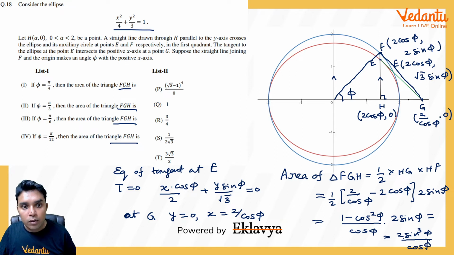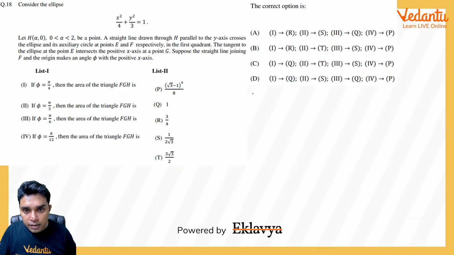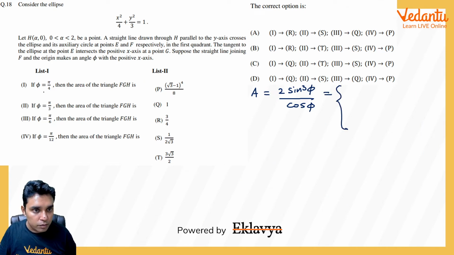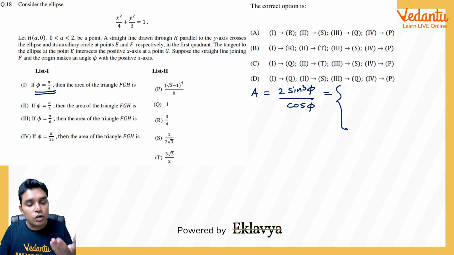Okay, now we will find the values for various phi and see which options are correct. So the area that we have got is 2 sin cube phi upon cos phi. Let me check once again. Yes. Now, when phi is equal to pi by 4, option A, sine and cos become the same.